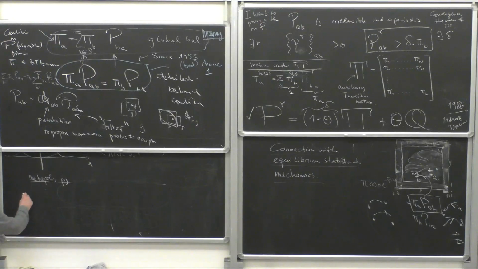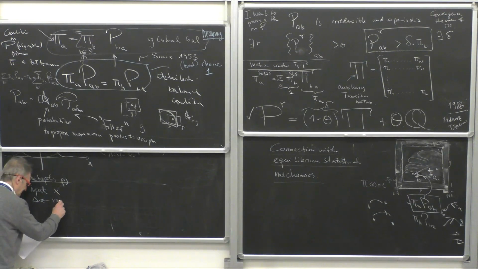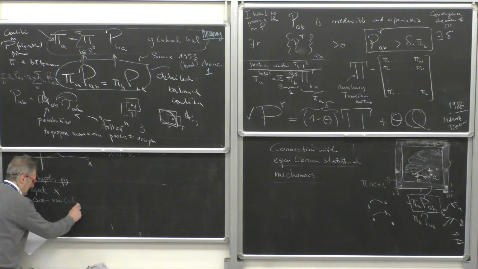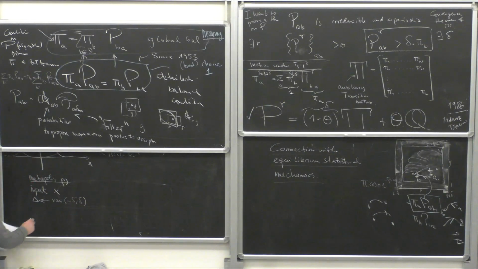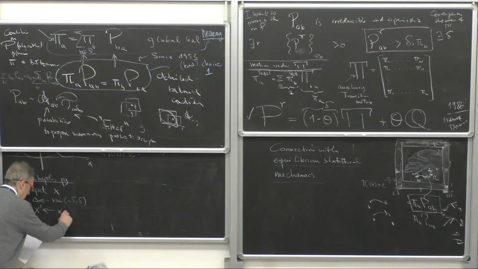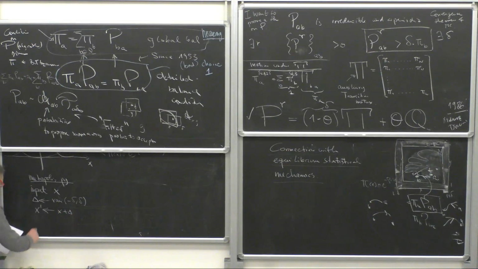So now the algorithm is the following. I just show you one step, input x. The world expert is sitting back here on the left, so you can ask him. Draw delta from minus delta to delta. X prime is x plus delta.